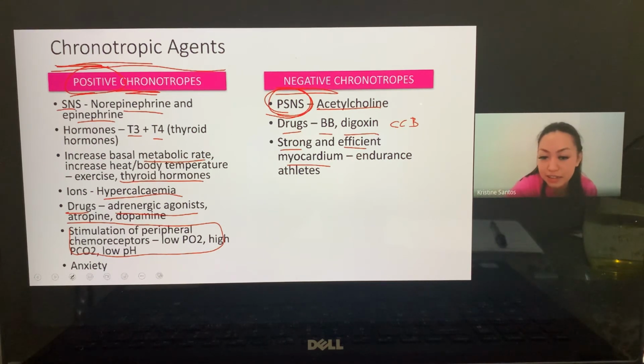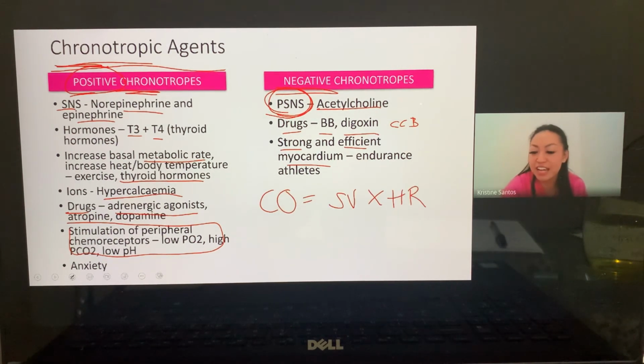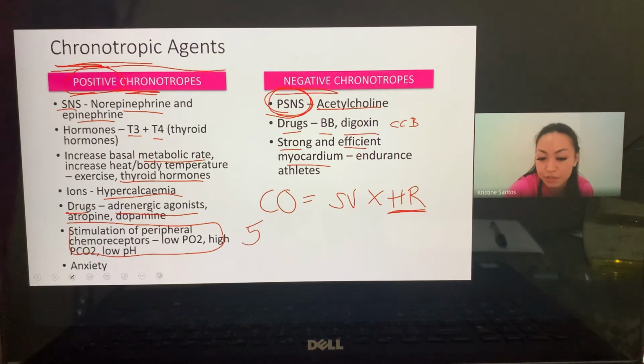Again, this can be explained by this very amazing equation. How can endurance athletes afford to have a low heart rate? Like every single adult, they need to maintain a cardiac output of 5 liters per minute.